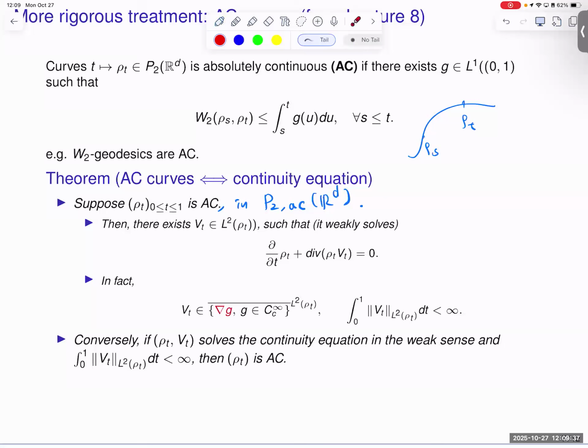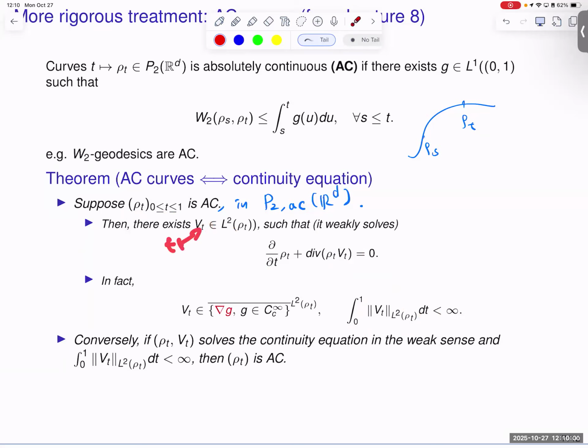Then there is a corresponding vector field to such a curve satisfying this continuity equation in a weak sense, and this vector field is also a function of time.